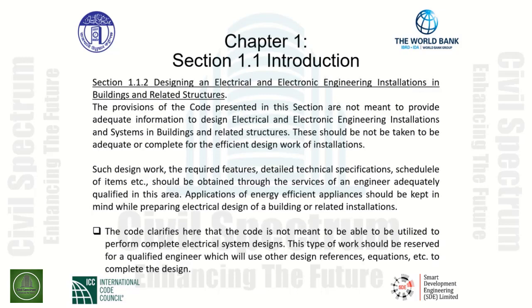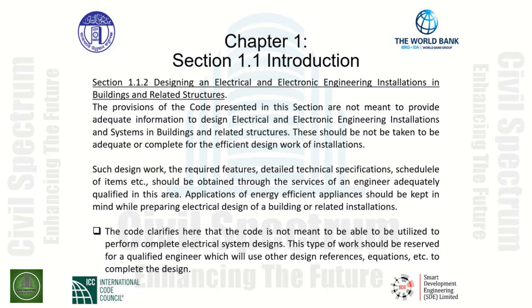Section 1.1.2, Designing an electrical and electronic engineering installations in buildings and related structures. The provisions of the code presented in this section are not meant to provide adequate information to design electrical and electronic engineering installations and systems in buildings and related structures.